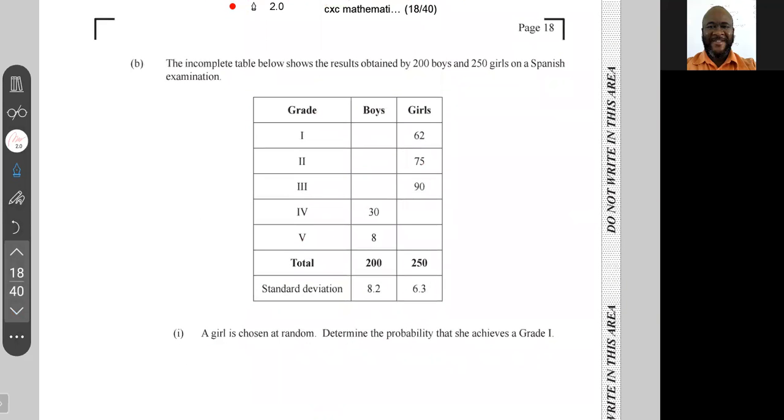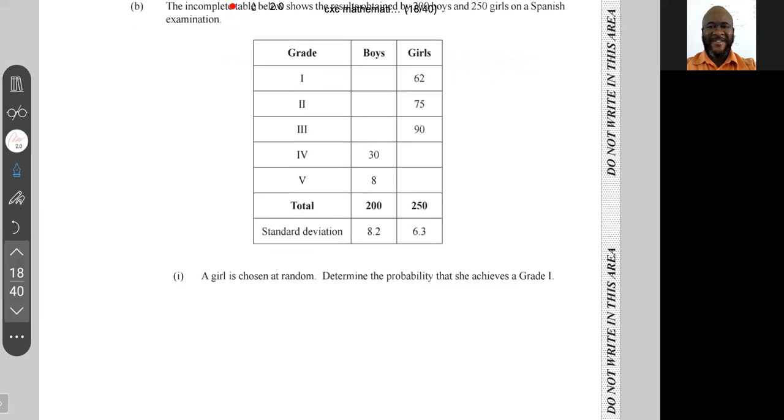All right, part B says the incomplete table below shows the results obtained by 200 boys and 250 girls on a Spanish examination.